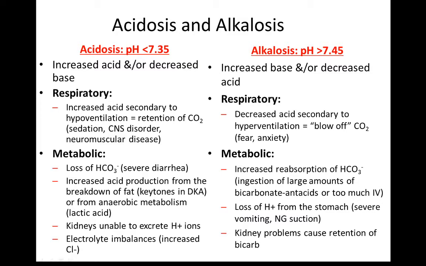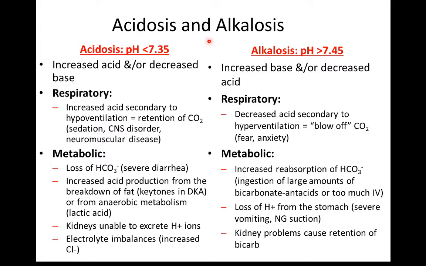As you're interpreting an ABG, the first number to consider is the pH. Does the pH tend to fall around 7.35 or lower, or at least below 7.4, if you think about 7.4 being the absolute midpoint?